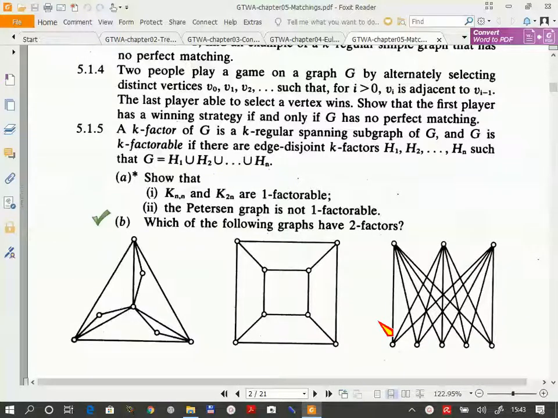Can you find an Eulerian graph with an odd number of vertices? Does this particular graph have at least one two-factor? These are the things for which I will give the solution next time.